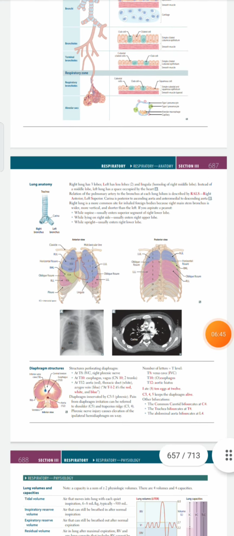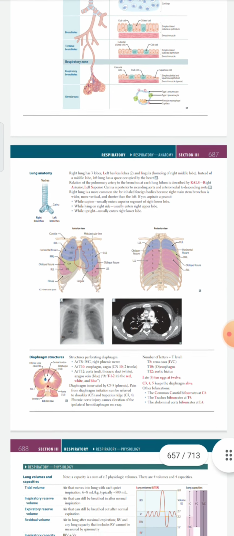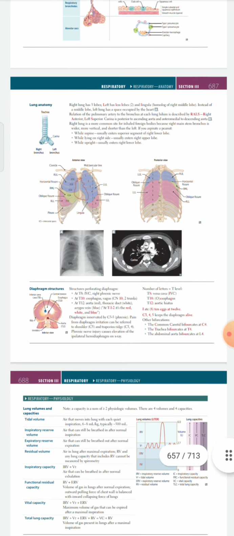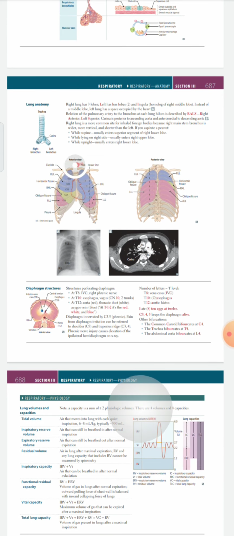Now we will briefly discuss the lung anatomy. Basically, a human has two lungs, right and left. The right lung has three lobes: right upper lobe, right lower lobe, and right middle lobe.